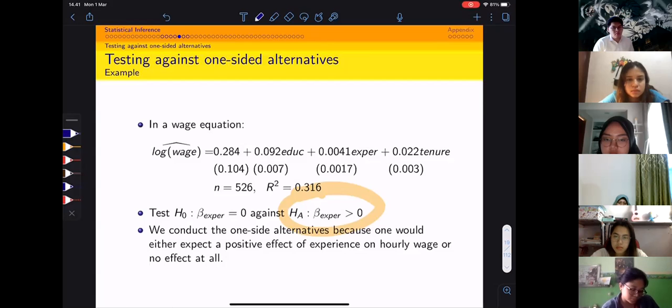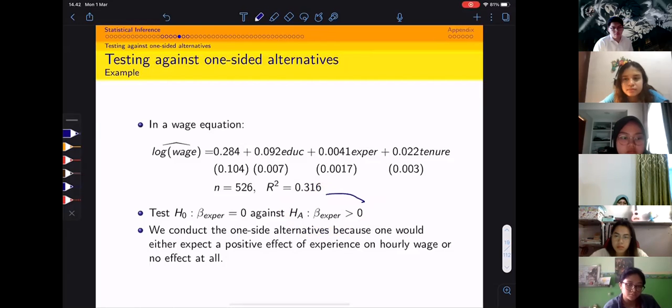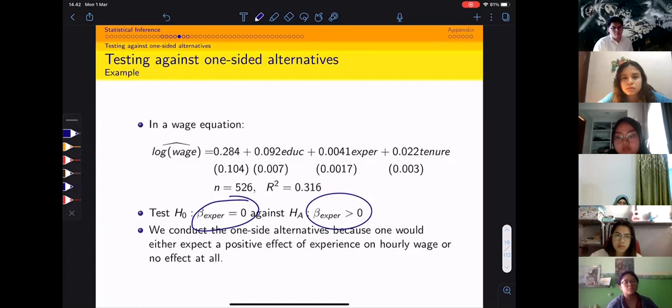We're going to conduct a one-sided alternative test because one will expect a positive effect of experience on hourly wages, or no effect at all. So again, we use a one-sided alternative because we expect a positive effect of working experience on wages, or no effect at all. That's the idea.